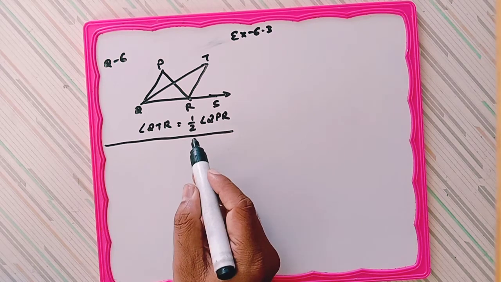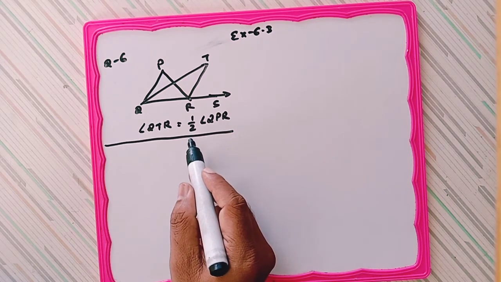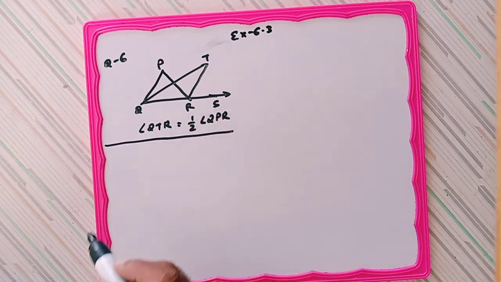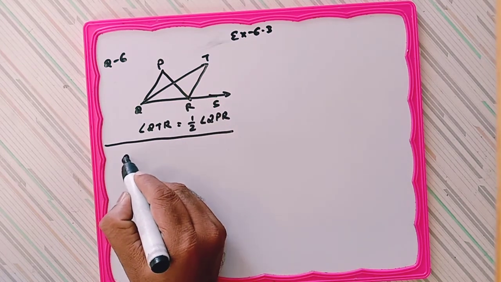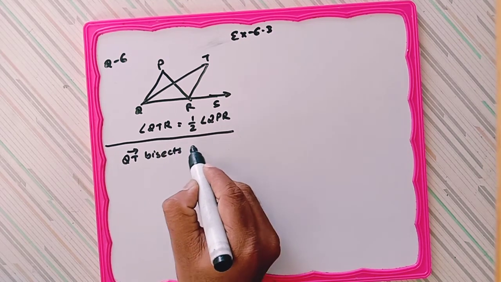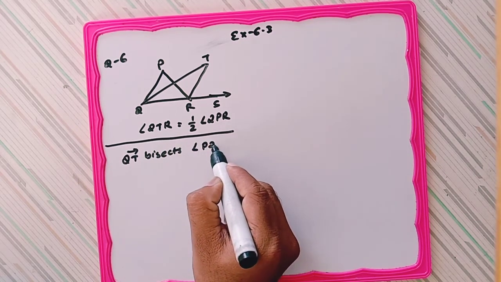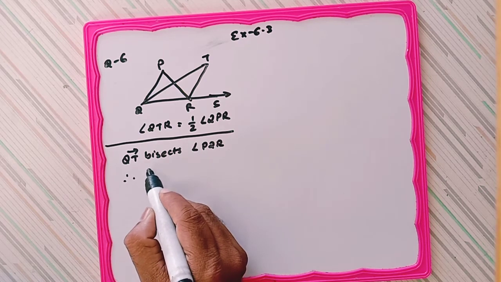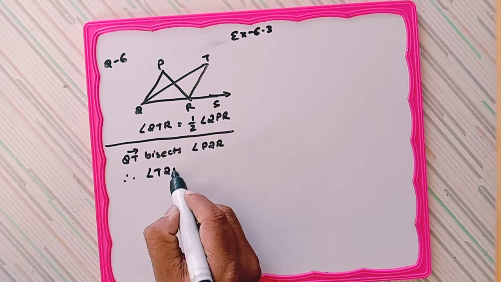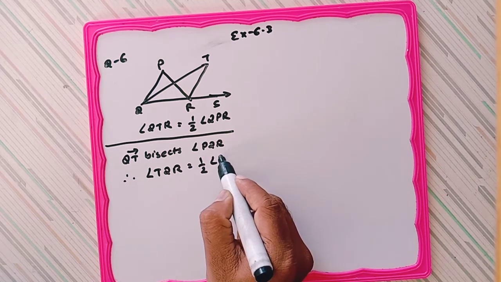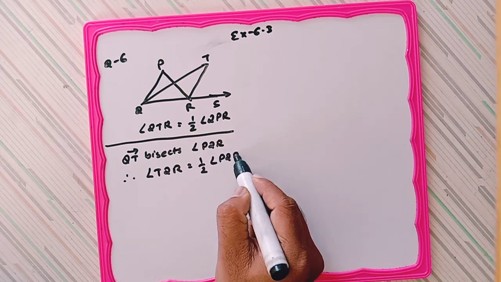So to prove this, here it is mentioned that QT bisects angle PQR, and therefore angle TQR is half of angle PQR.